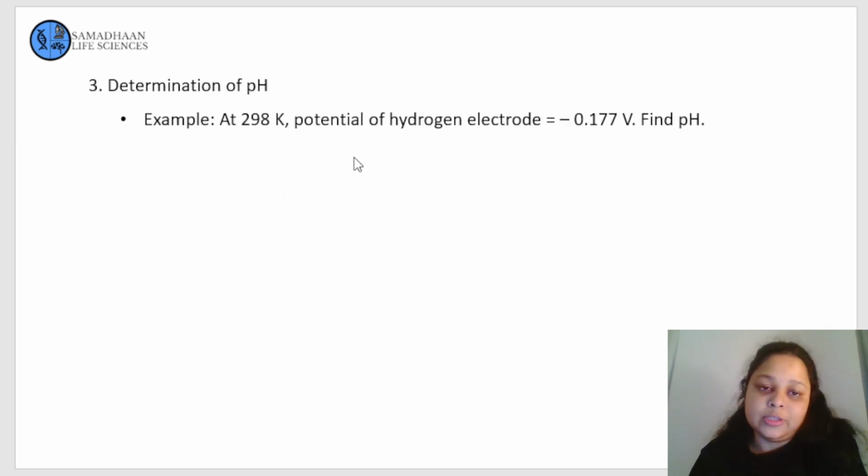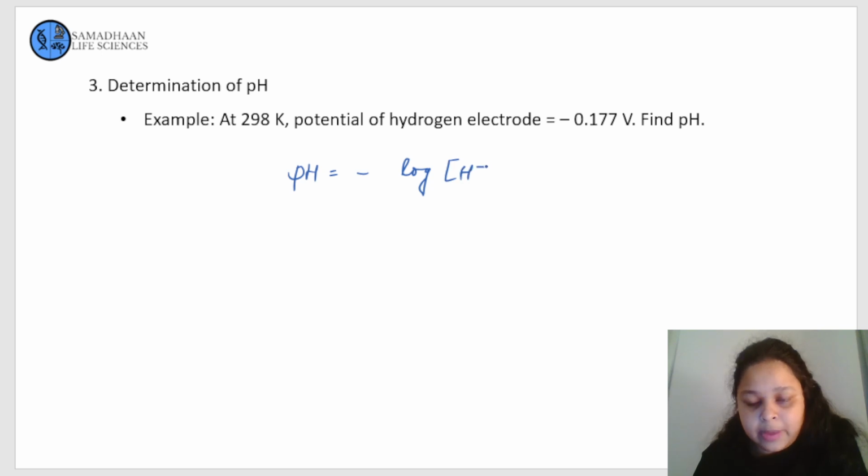Now for the last application we will discuss here, determination of pH. We know that pH is minus log concentration of H+, and we also know that for the standard hydrogen electrode E0 is 0.